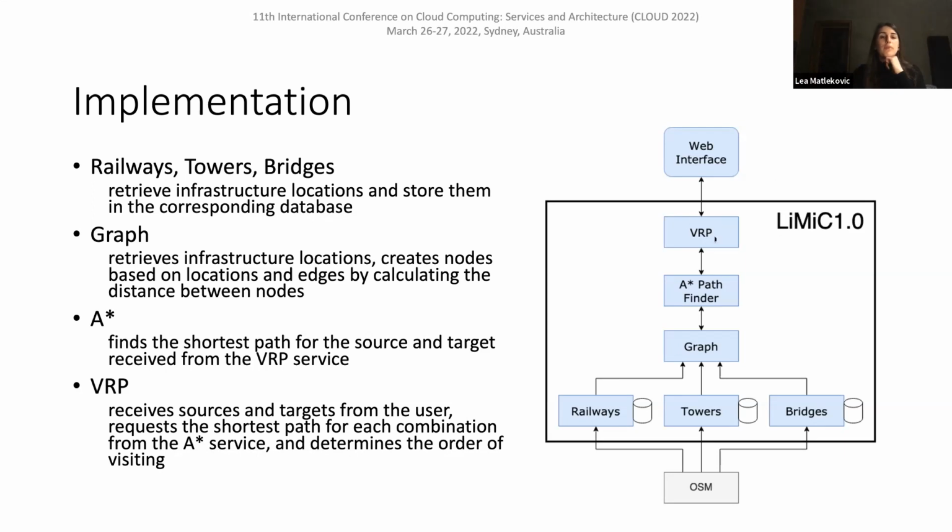For VRP, we used Google OR-Tools. It is also important to say that VRP makes requests to the A-star Pathfinder asynchronously, because it speeds up the calculation significantly.